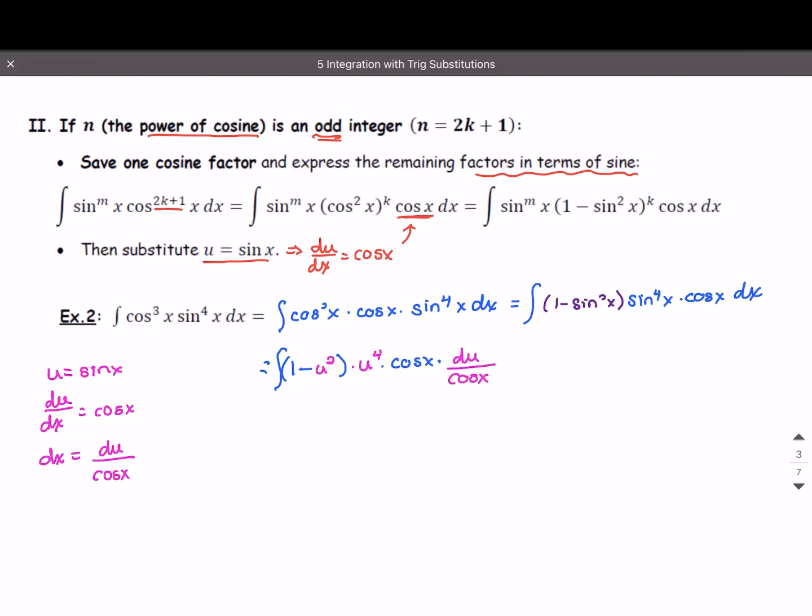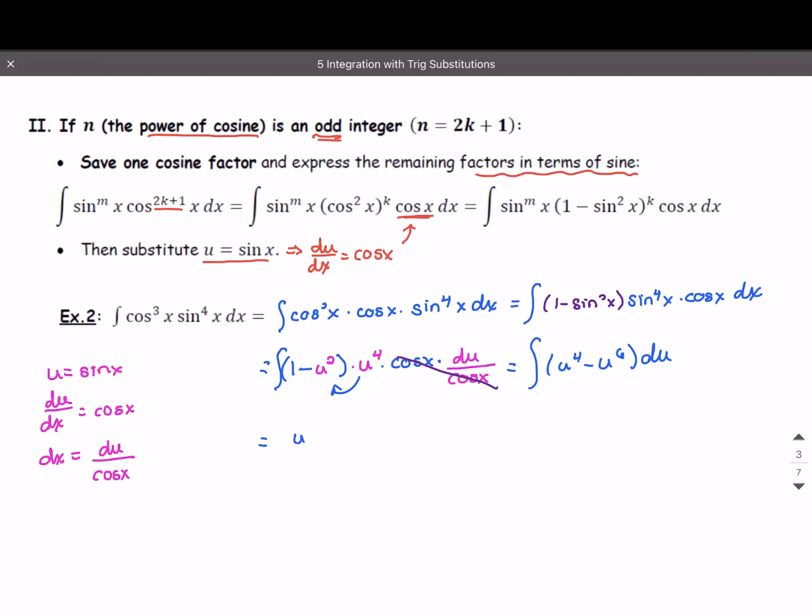And what happens to those cosine x's? They're all gone. So now we're going to distribute that u to the 4th, and we're going to have u to the 4th minus u to the 6th du. Much easier to take the antiderivative when it looks like this.